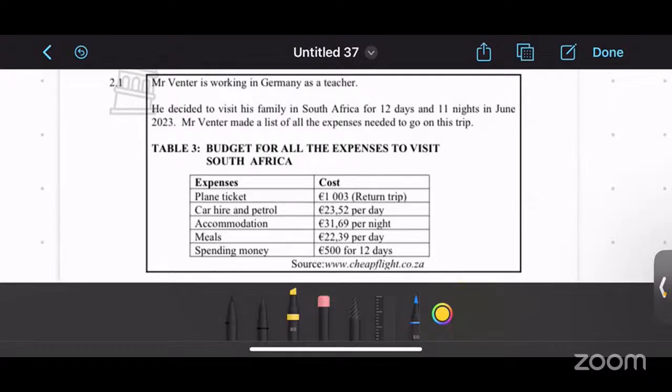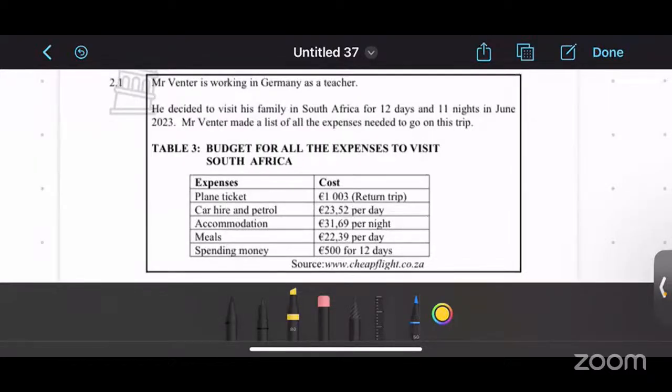The meals by 12, and the 500 euros I just took as it is, because it's for 12 days, so it doesn't need to be multiplied. And your answer, how much did you get?